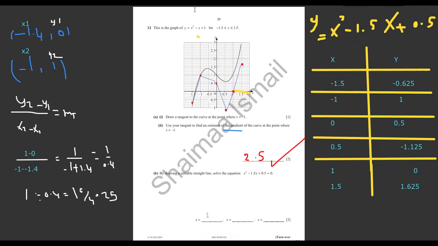Moving on the x-axis, you find it hits the curve at 0.3, so we write 0.3. And moving again here, negative 1.1, negative 1.2, negative 1.3.